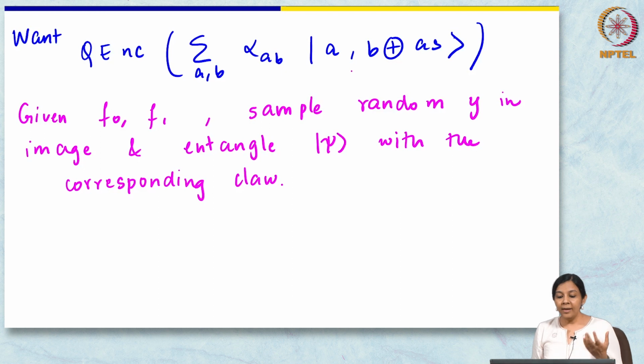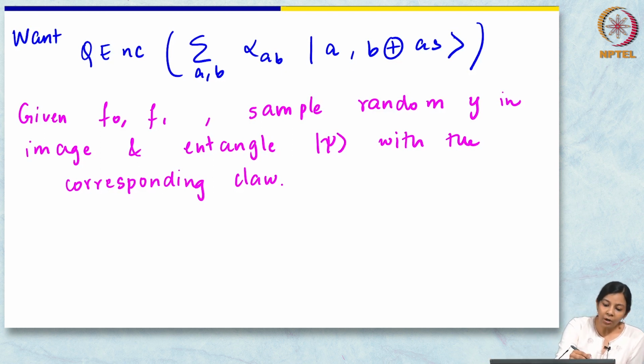Now, we already saw how to get a superposition over the claw, and now what we are doing in addition is that we are going to entangle it with this state psi that we started with. And this is not hard to do.